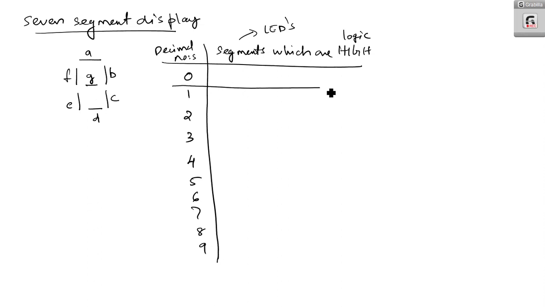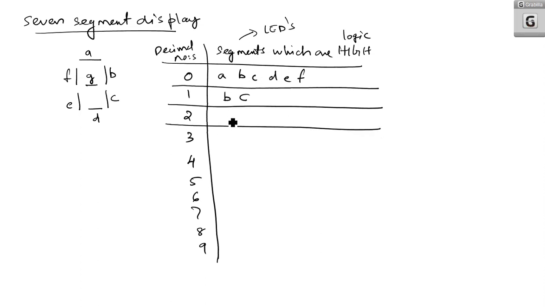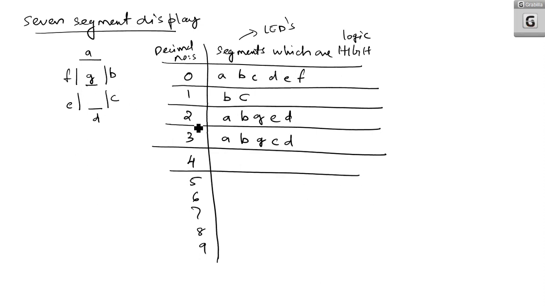So for 0, which should be on? A, B, C, D, E and F should be on. For displaying 1, only B and C need to be on. For displaying 2, A, B, G, E and D should be on. To display 3, A, B, G, C and D. To display 4, F, G, B, C should be on.